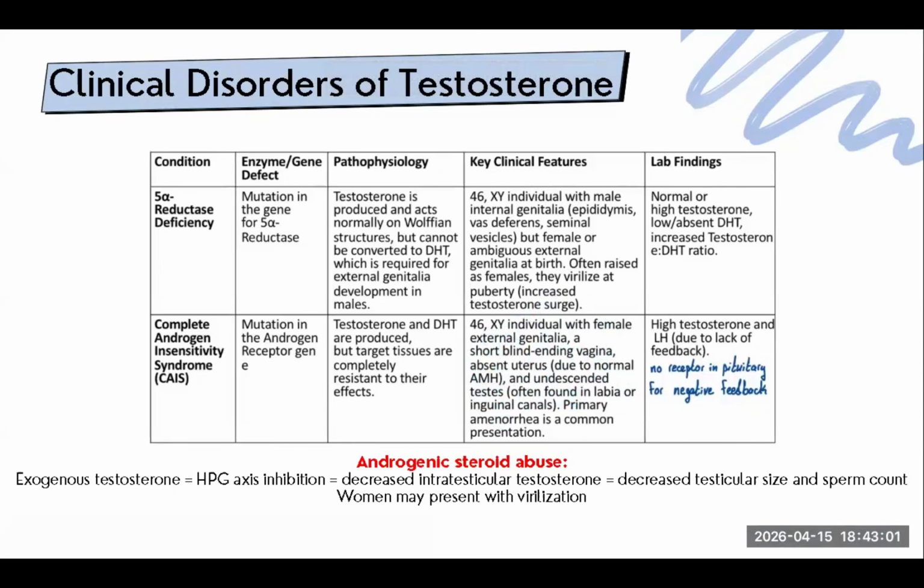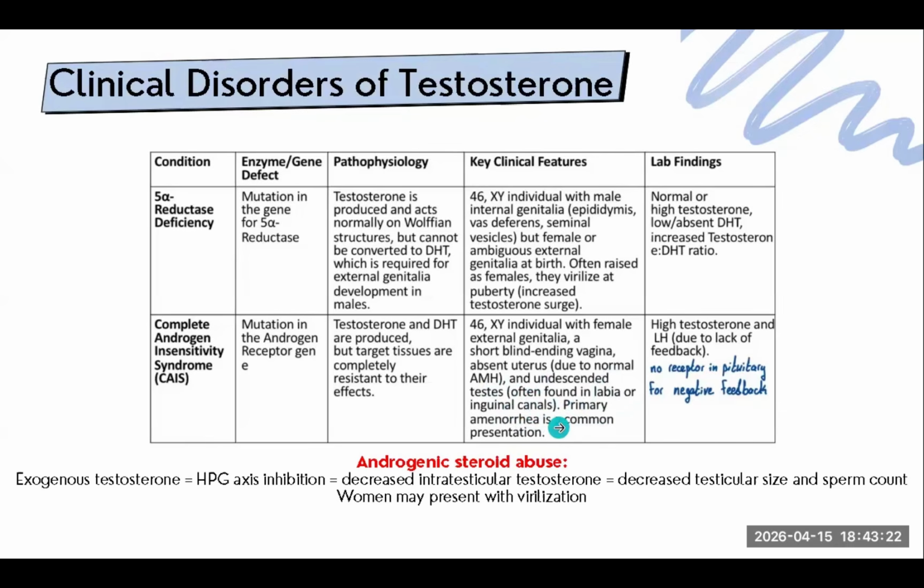If the testes do not have testosterone receptors, they're not going to be able to detect the testosterone and will not descend. And the testes are often found in the labia or inguinal canals, and this is not the proper location, and if they're not removed, they would become cancerous.